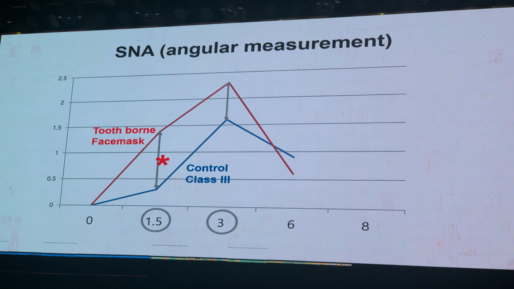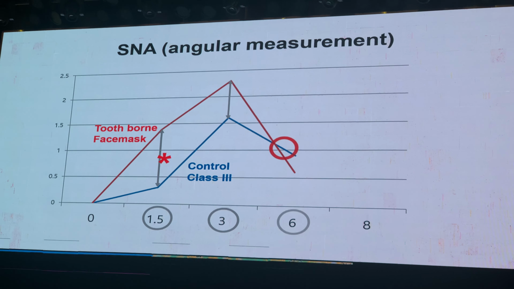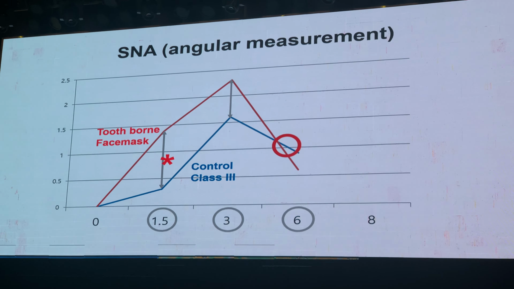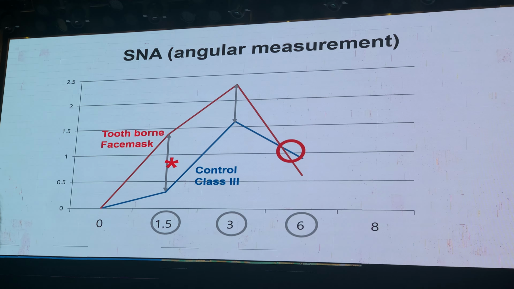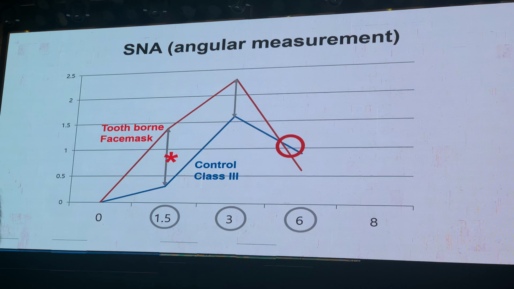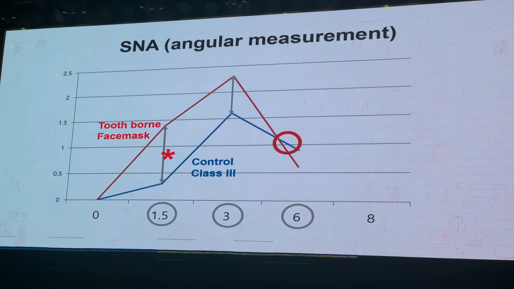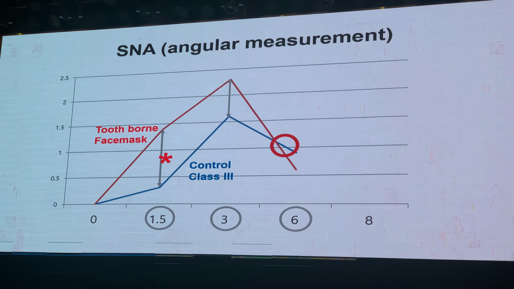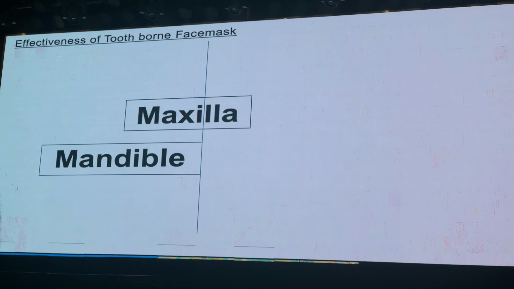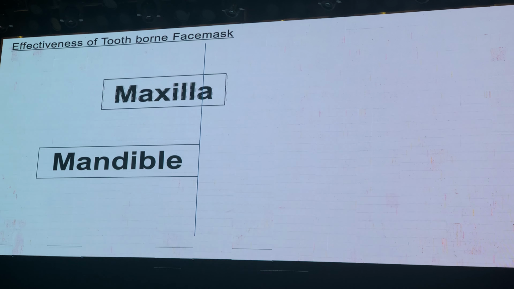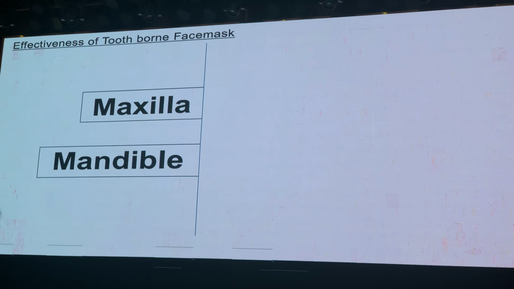And when you look at the 6 years follow-up, there is no difference. This is SNA. So there is no difference in SNA between treatment group and untreated group. So no matter what we have done in maxilla, it goes back to the original pattern.